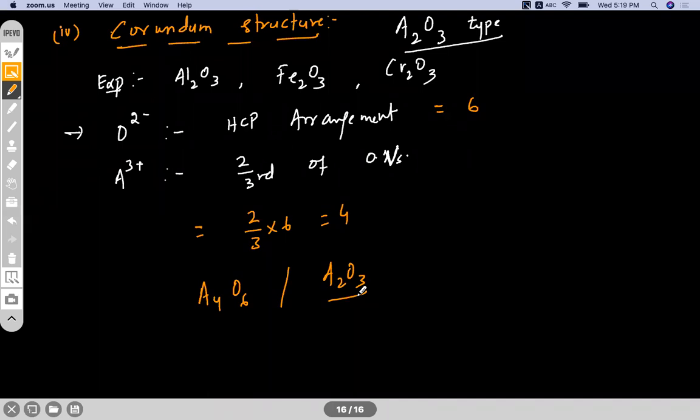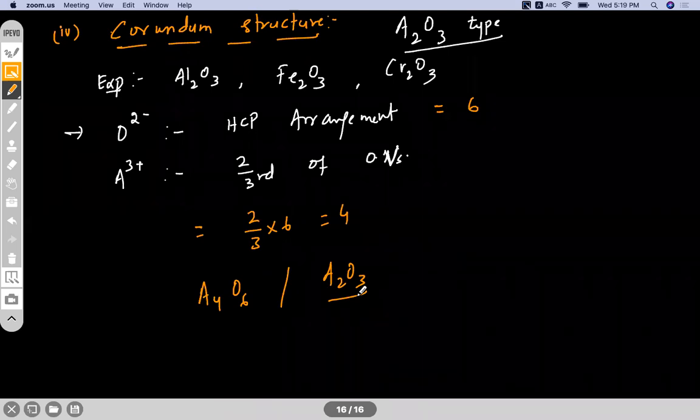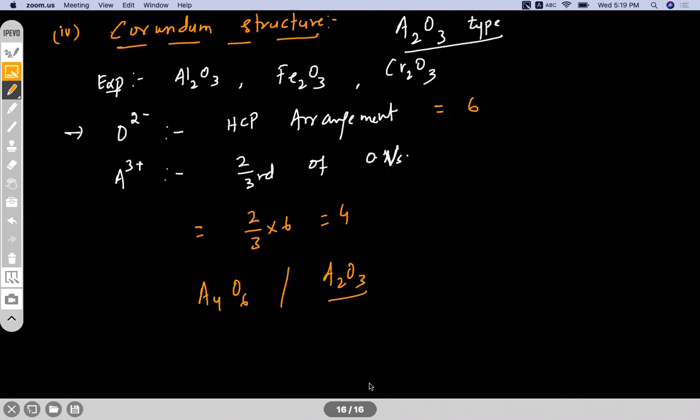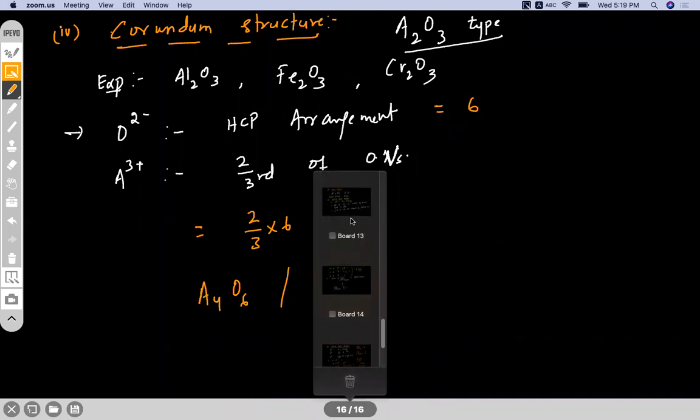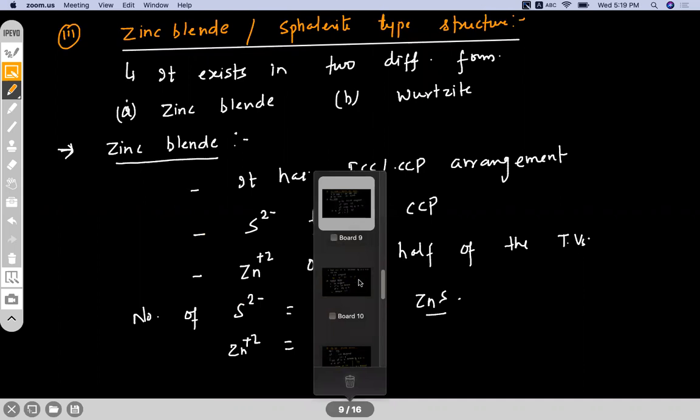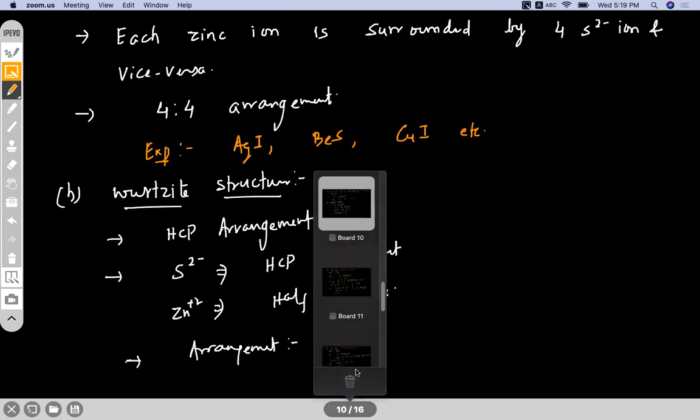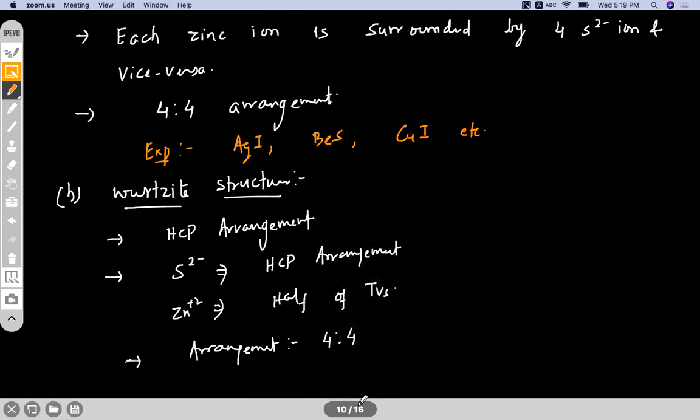So actually in the wurtzite structure, why did we take it as 4? Even there it should be 6, right? Let me check. This is the coordination number 4 I have taken.